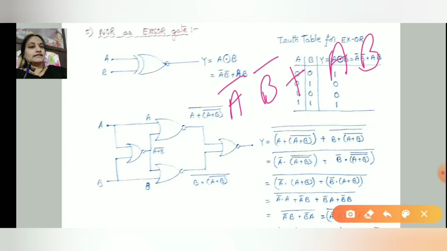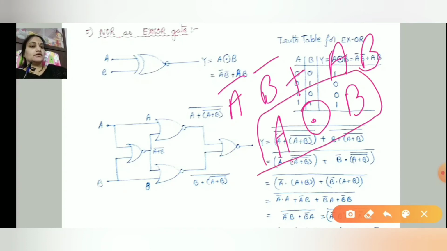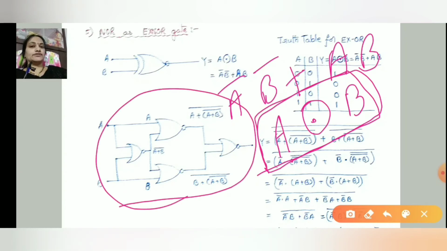So it is nothing but A XNOR B. That means, what does it indicate? We got the expression A XNOR B by using NOR gates. That means the XNOR operation is derived from the NOR gates.